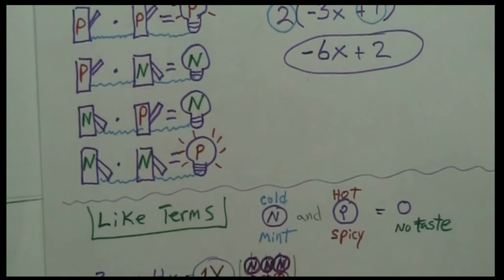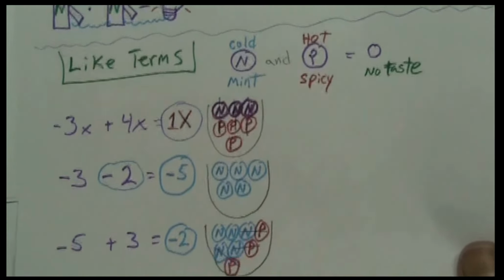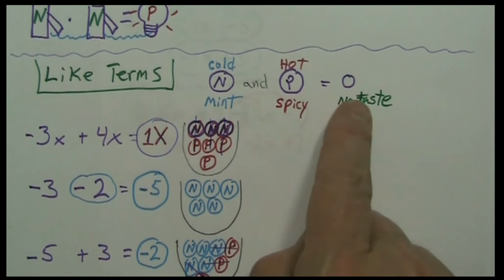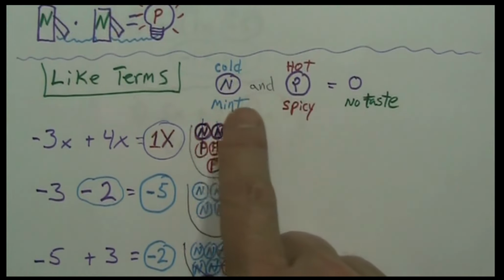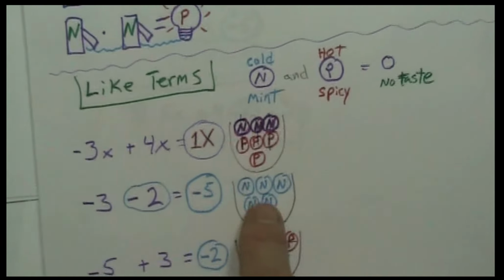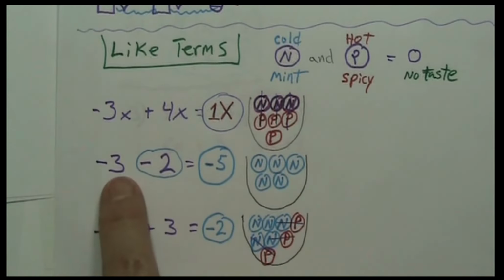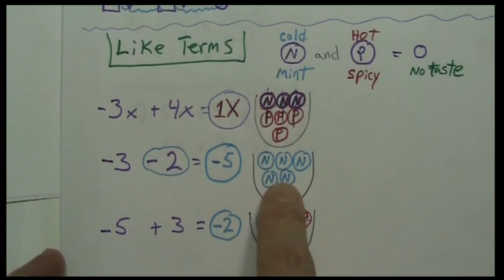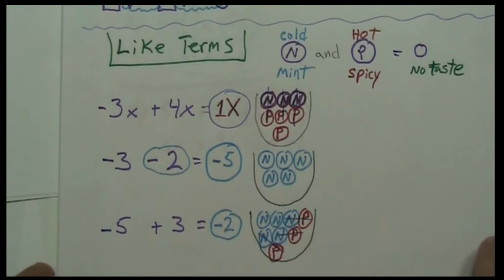Now in combining like terms, if you remember before, it's like this. If you have one positive, one negative, it cancels. It's no taste. It's like putting mint and something spicy on your tongue. All right? So if you have a bunch of mint, 3 mint and 2 mint, you just add it up. That's 5 mint.